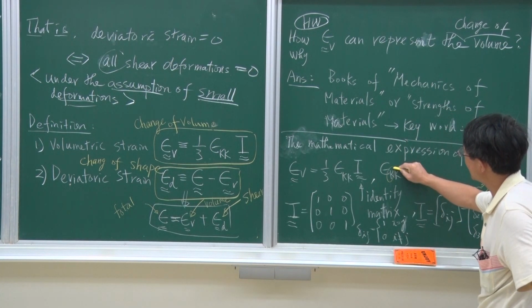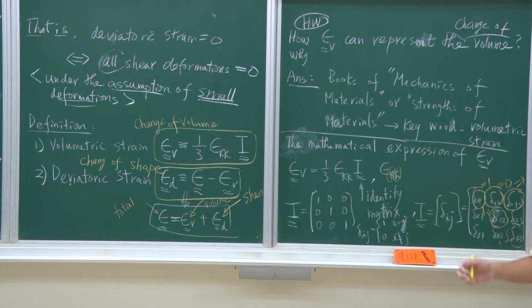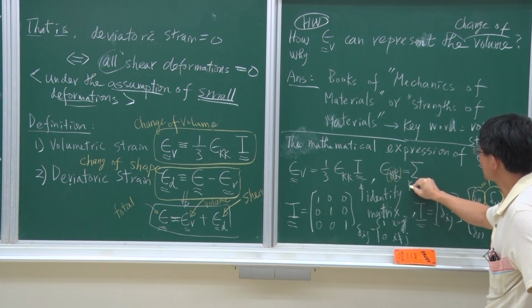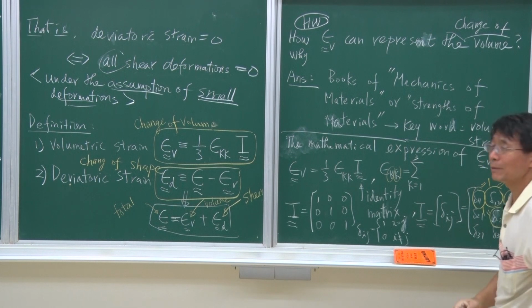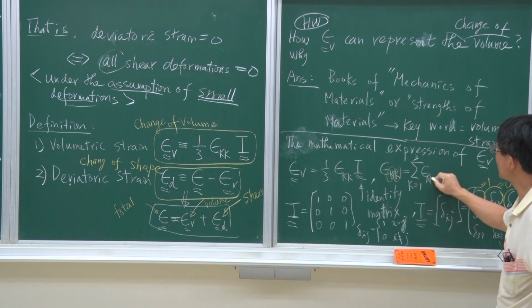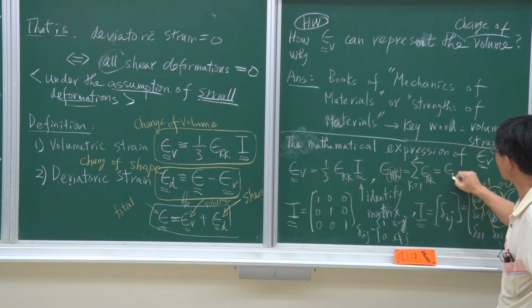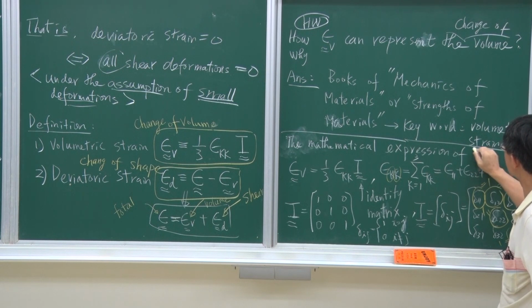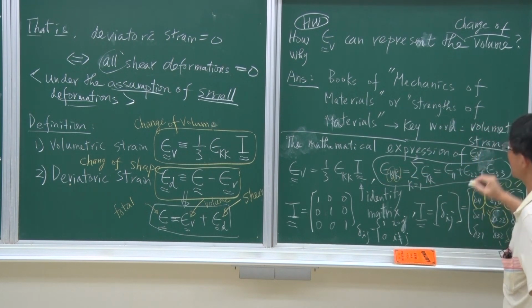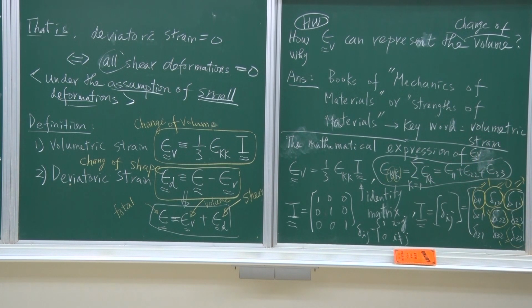See here, the index is repeating itself, so we sum it from 1 to 3, epsilon kk. As a result, we have epsilon 11 plus epsilon 22 plus epsilon 33. This is the meaning of epsilon kk.